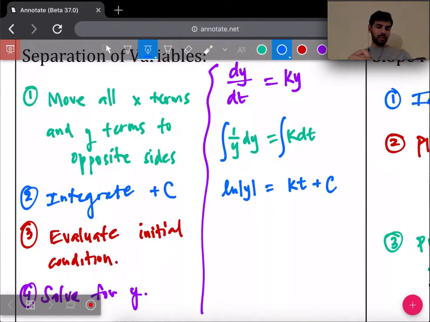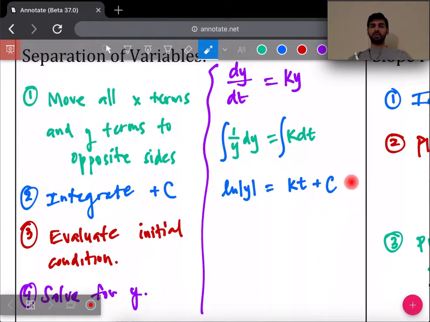And then the next step is I would have to evaluate an initial condition. For example, if a free response problem gives you a coordinate that the original graph goes through, you could plug in the y value here and the x or the t value there, and then you can solve for c. Then you can continue after that to solve for y.